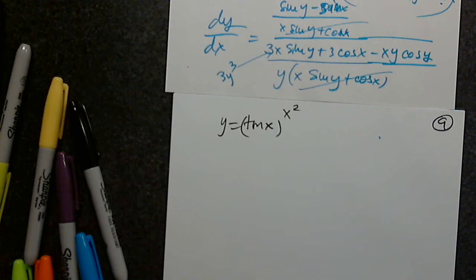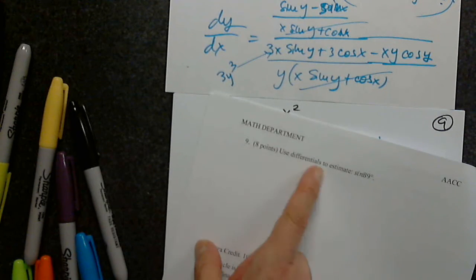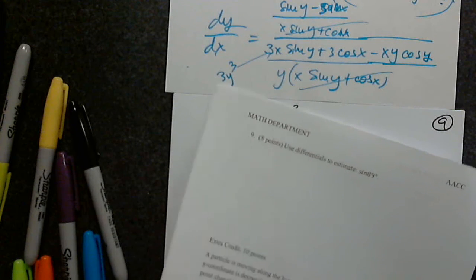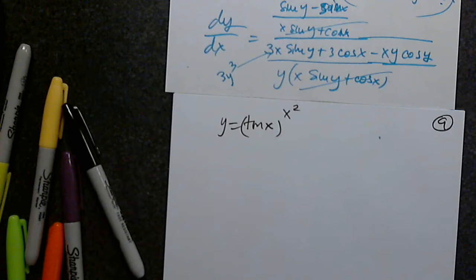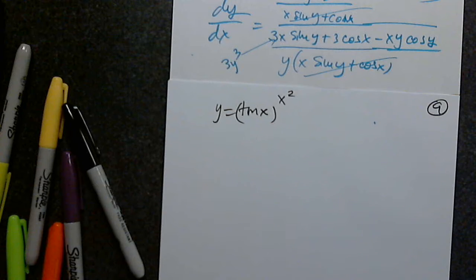So we are working on this, right? And then when you finish, I would like you to work on number 9, which is use differentials to estimate, and the extra credit. So after this one, number 9 and the extra credit. Actually, the extra credit, we did it in class together, but we can do it again.